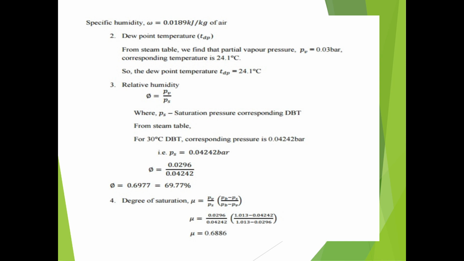So the saturation pressure PS is 0.04242 bar. Relative humidity is PV divided by the saturation pressure, 0.0296 divided by 0.04242, so phi is equal to 0.6977, which is 69.77%.